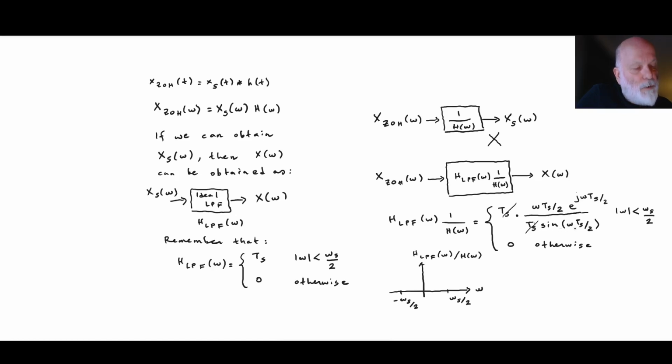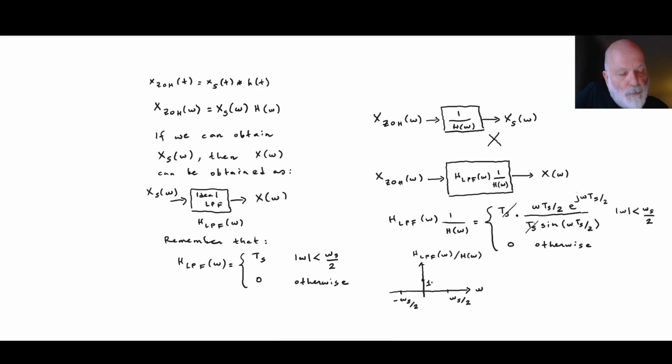We have sine of 0 divided by 0, the same expressions, omega Ts over 2. When omega is equal to 0, sine of omega Ts over 2 divided by omega Ts over 2 is equal to 1. So it passes through 1 here.